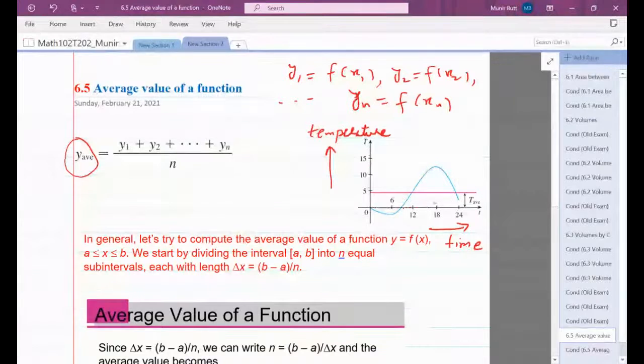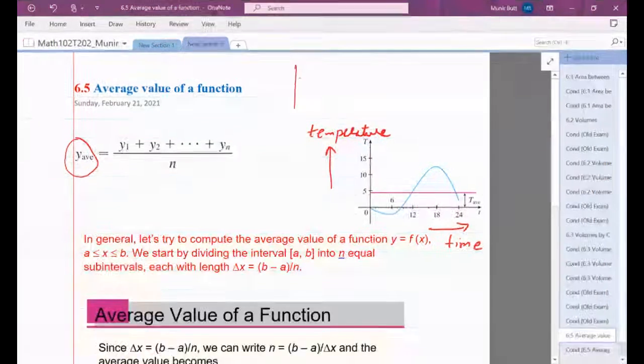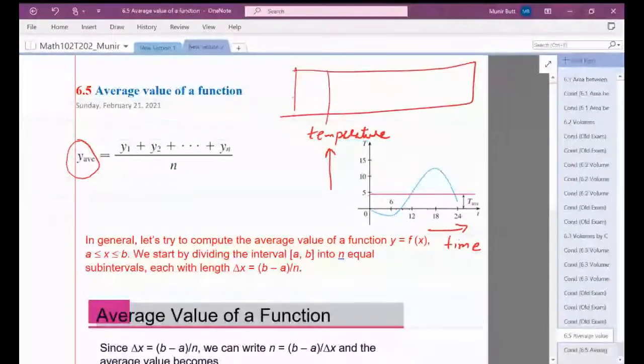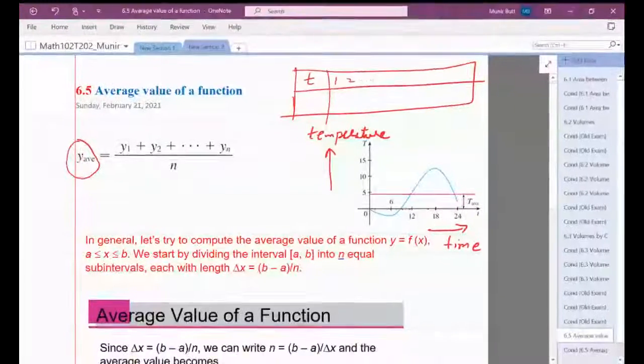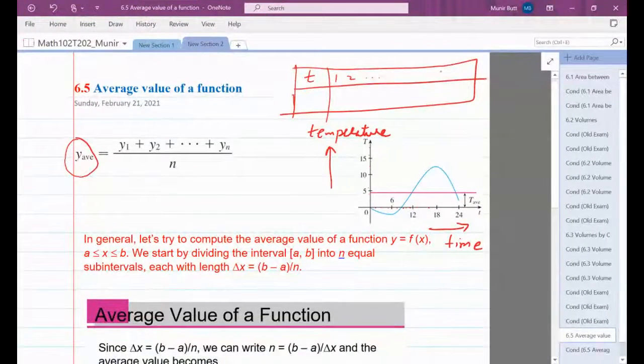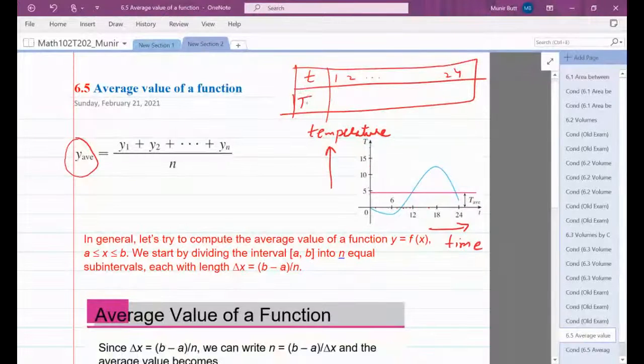That depends on which country the data was collected in, but you see here the temperature is very low. So what is the idea? You are given some t values from 1 up to 24 hours, and you calculate f of x, here the temperatures as a function of t.